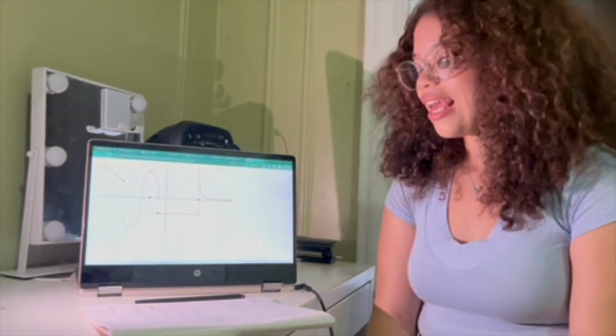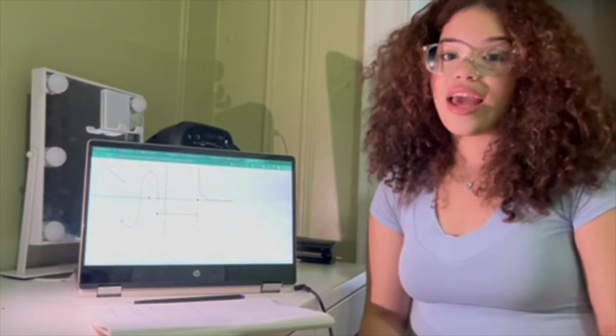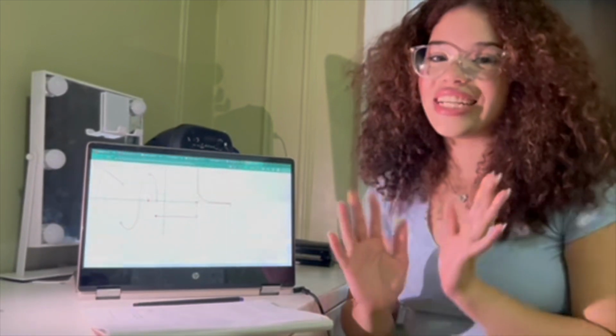Anyways, a function can also be DNE if at one point it approaches infinity. Infinity is cool, but sometimes you can be approaching two different infinities, and then the limit does not exist. Because instead of being equal to positive infinity or negative infinity, you're going in two different directions.